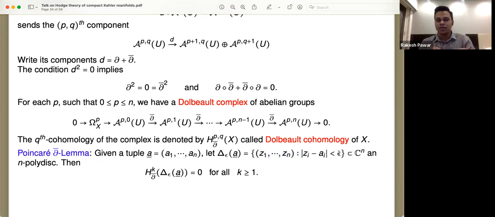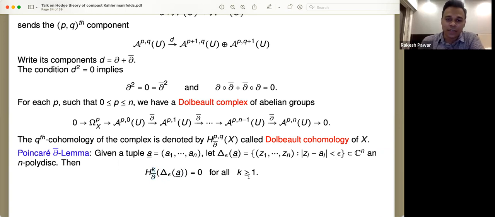So it's an n-polydisk with the center a_1 to a_n. And if you evaluate this complex on this particular open subset and calculate the cohomology, it will be 0 in positive degrees. Okay. So this is an analog of, if I took del bar to be the usual d, that was the usual Poincaré lemma. And this is a Poincaré lemma with the differential del bar.